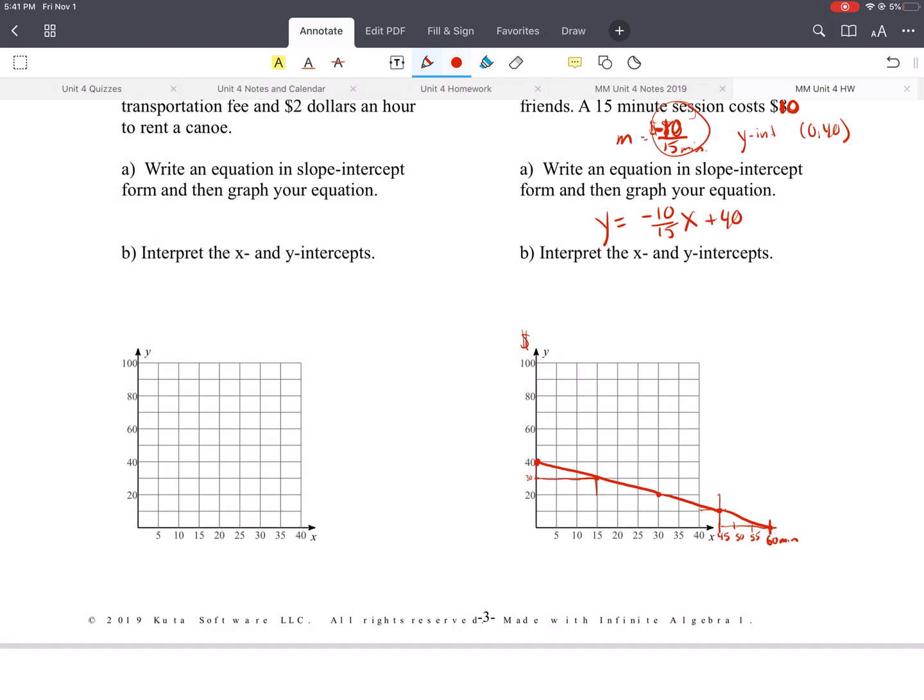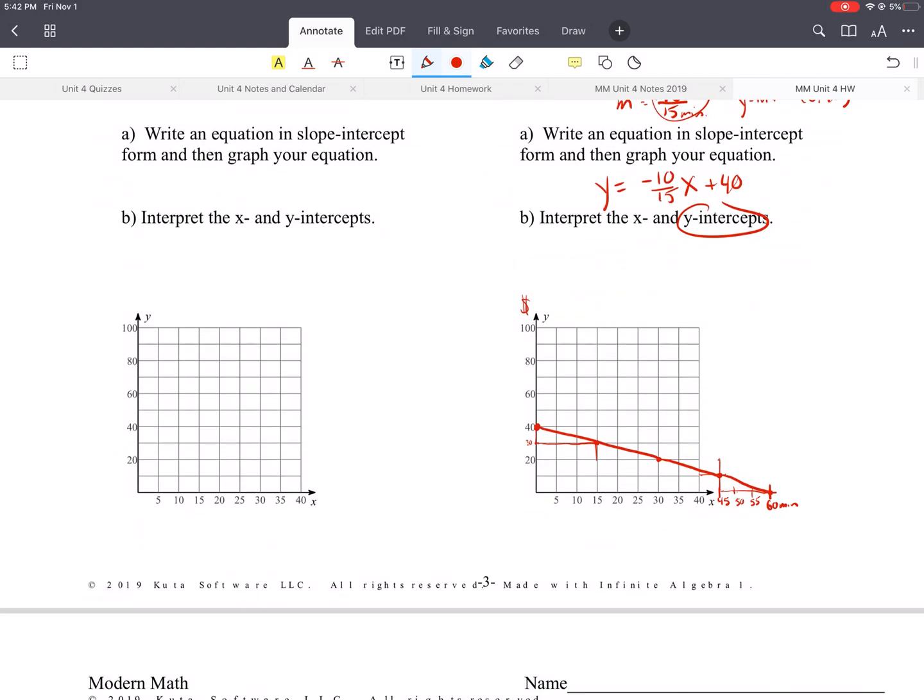Okay, and then interpret the x and y intercepts, right? So at the y-intercept, I would say, what's the guy's name, Jim? Yep, Jim had $40 when he started playing.